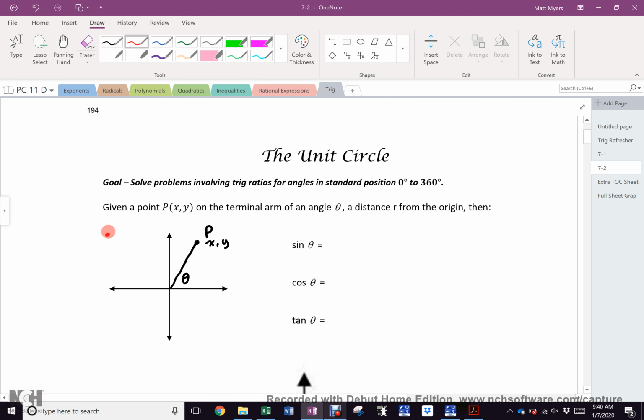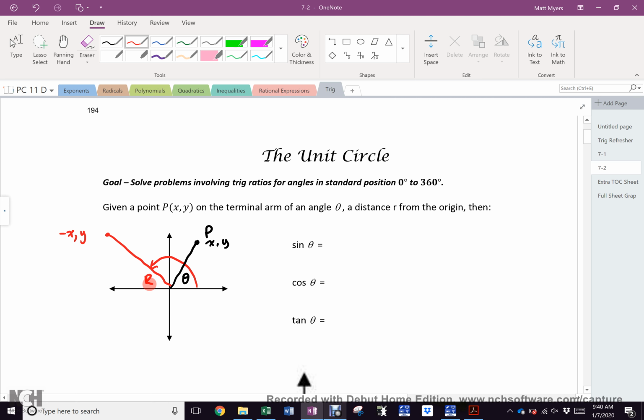What if P is out here? What do I know? Negative x and positive y. It would look like this. And where is my theta? Theta is over here. Where's the reference angle? There. And which of them do I do trig with?